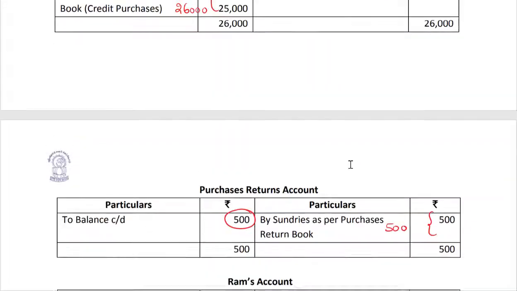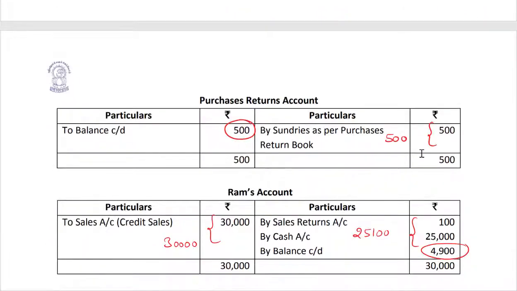After purchases account, let's see purchases return account. We have the balance on the debit side. This means this is a credit balance. Purchases return account, credit balance 500.